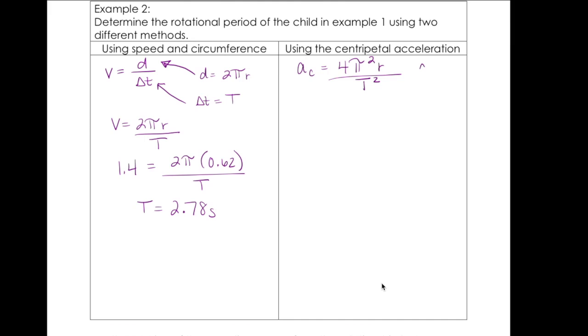So AC was found to be 3.16 meters per second squared. So we'll plug all of our information in. So 3.16 equals 4 pi squared, and then our radius was 0.62, divided by T squared. Okay, and then we'd have to get T by itself. So whenever we go through all the algebraic steps for that, we should find that T equals 2.78 seconds. Okay, so they are equal.